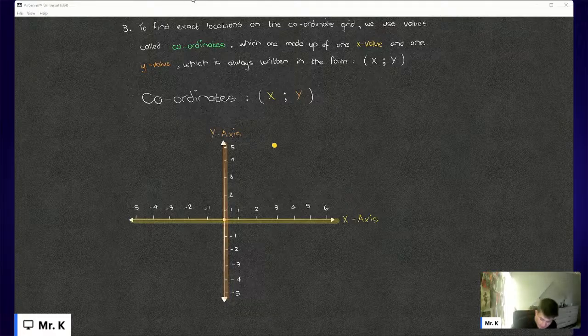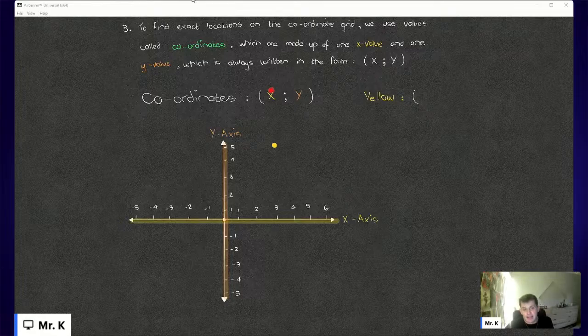So let's find the coordinates of our yellow dot. We'll open our brackets, and we know that we must start by finding an x value. So I'm going to take a ruler and I'm going to draw from my dot down to my x-axis and see what I line up with. I can see over here, my yellow dot has an x value of 3. Right?